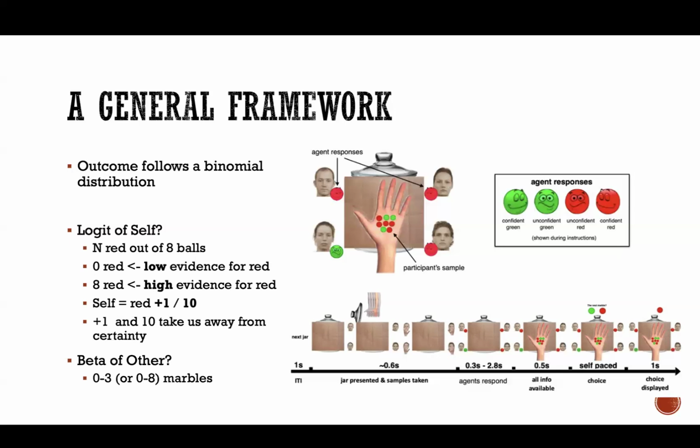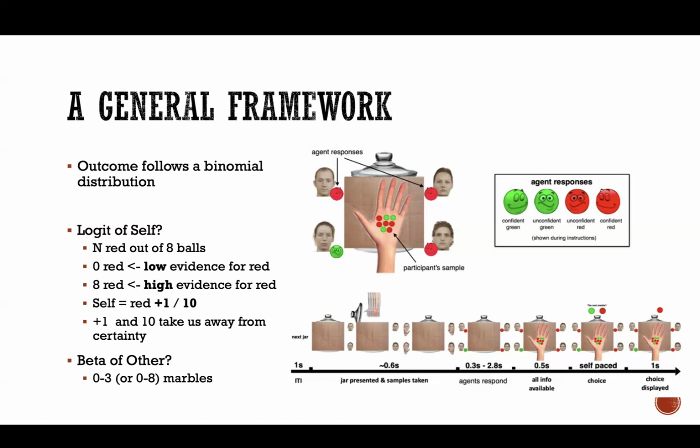what we can do is we can say, well, there's 4 possible values. So what if we go from 0 to 3, right? So confident green is 0 red marbles. Unconfident green is 1 red marble out of 3.